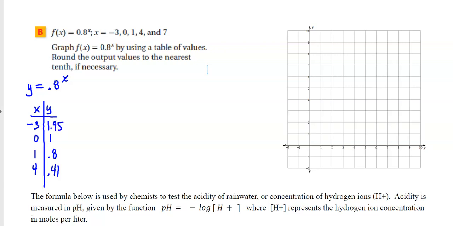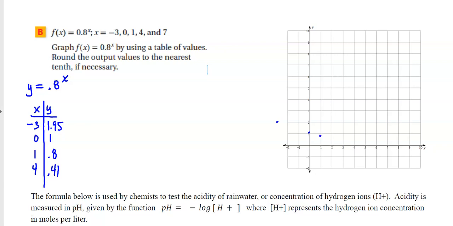All right, so let's graph those. So when x is -3, which is going to take me off the grid a little bit, I'm at 1.95. So I'm almost at 2. When x is 0, I'm at 1. When x is 1, I'm at 0.8.